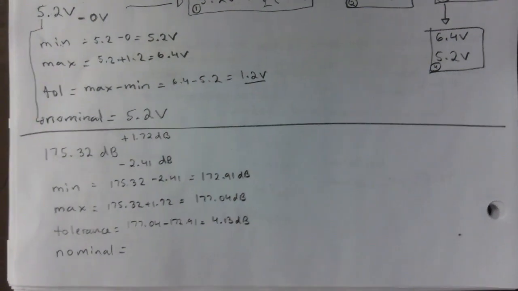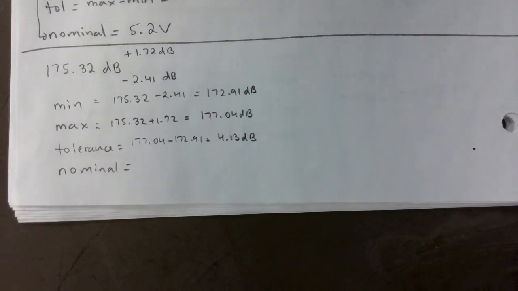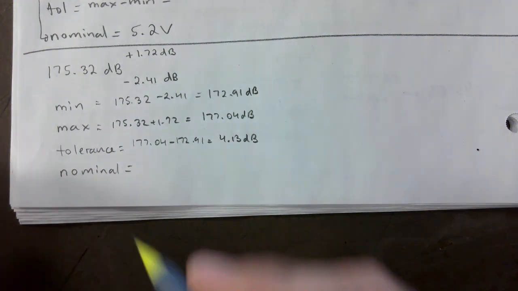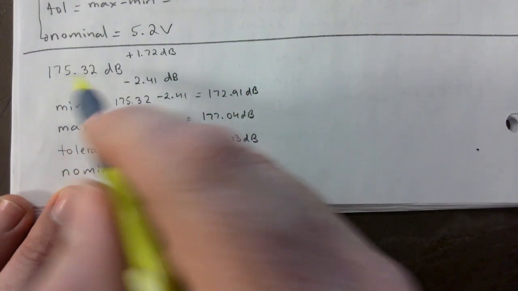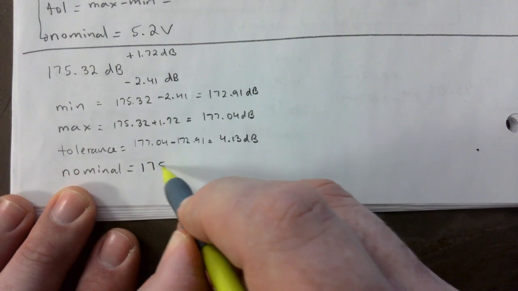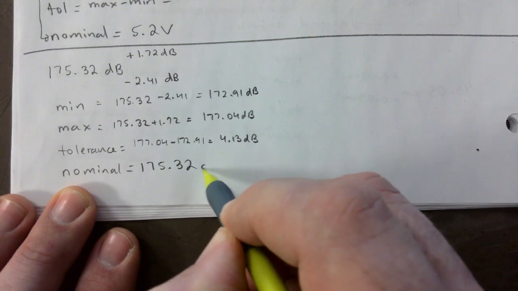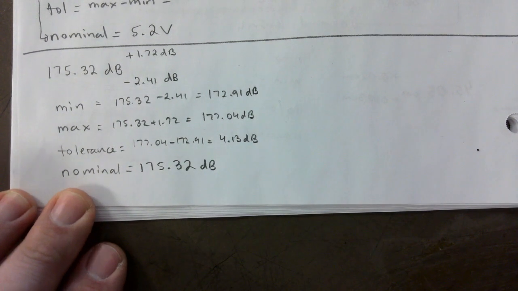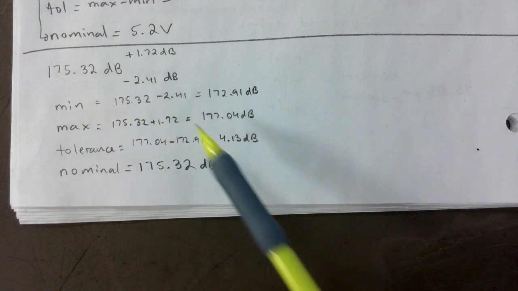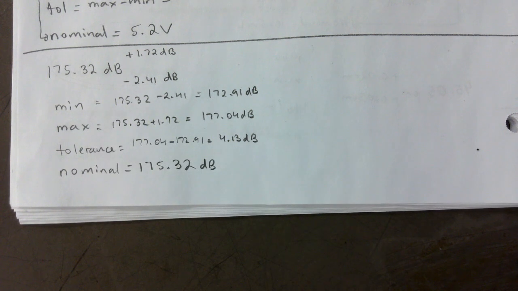Let me just put that higher up on your screen there. Nominal, it's the big number always. I allow you to go NA because there's that one format where it's only min and max. You can go NA if you want, but a lot of textbooks will go halfway.